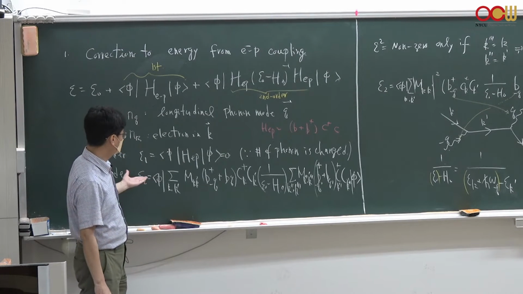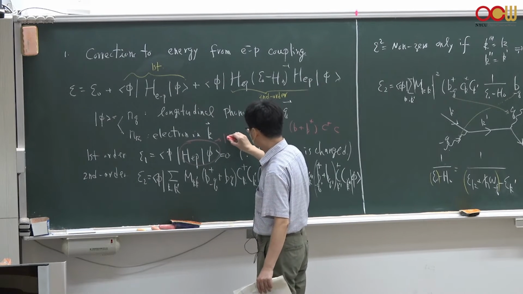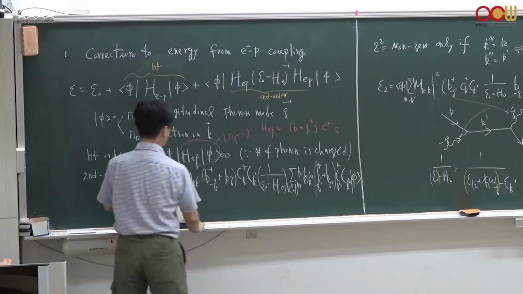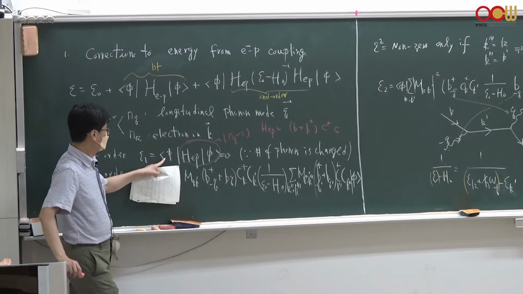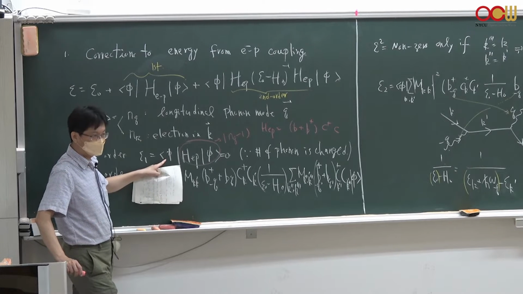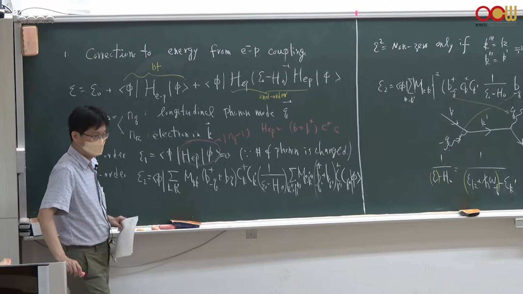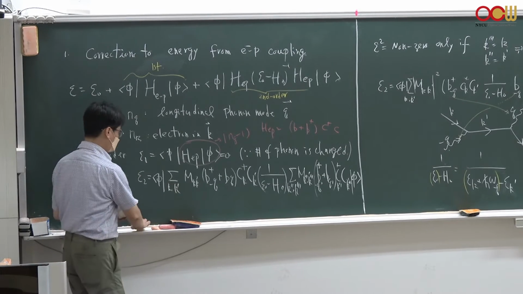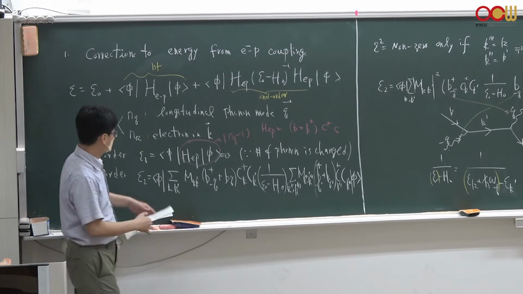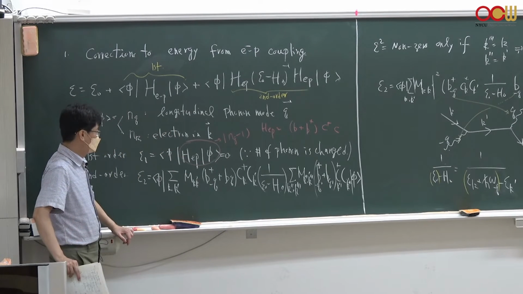So the right side of the state contains n_q plus or minus 1 phonons, but the left side still contains n_q longitudinal phonons. By the orthonormality of the ground state, this matrix element vanishes, because you have a different particle number on the left compared to the right, and therefore their inner product vanishes.